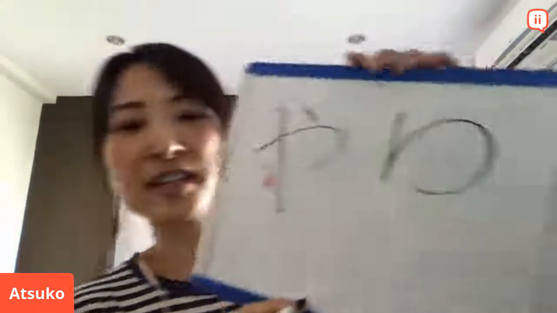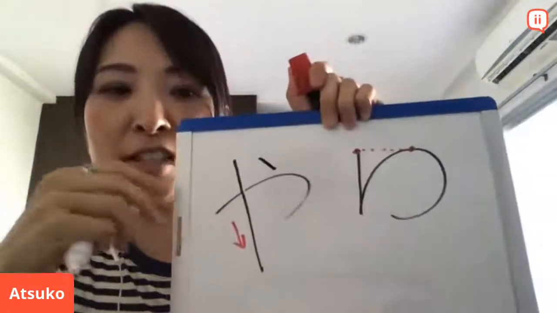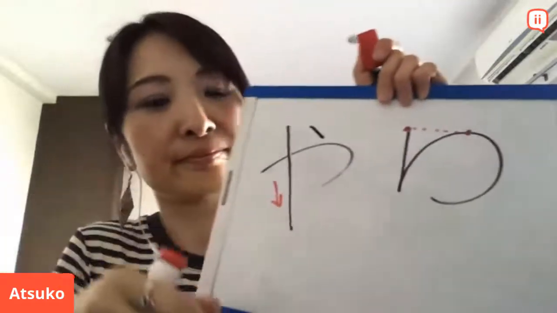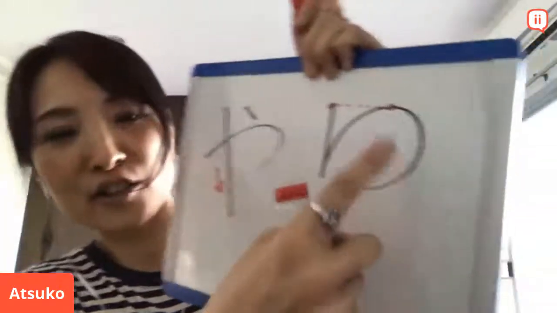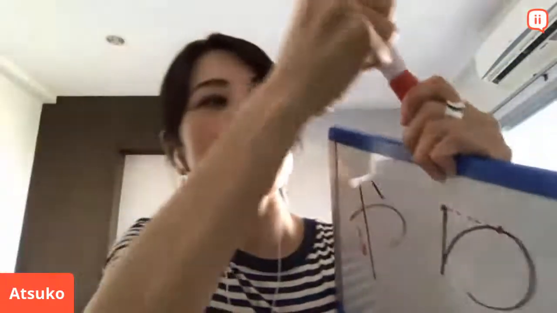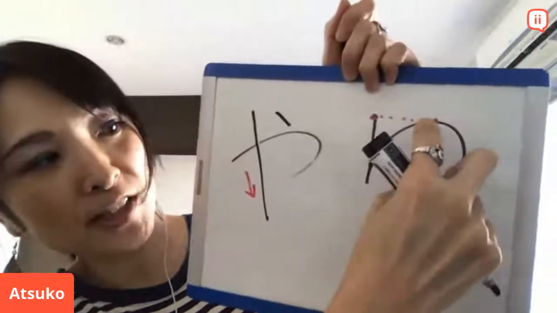Next one, yu. Oh, it looks difficult. The first stroke is this. Go straight down, go up, and these points are on the same line. And this part is non-stop. And the second stroke crosses both this line and this line.